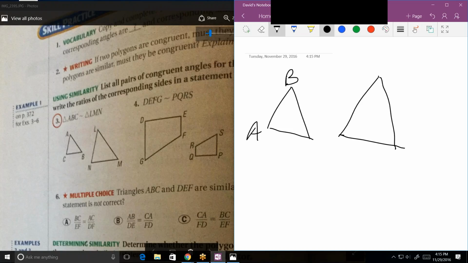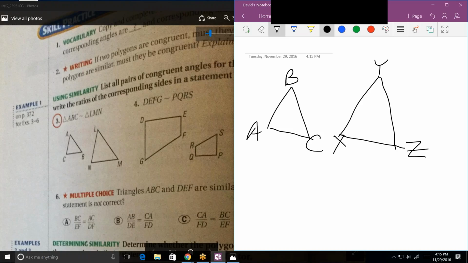If I say that's ABC and this is XYZ, well, from the picture, I don't know if A is congruent to X or is it congruent to Z. Can't tell. So it would depend on how they labeled it.